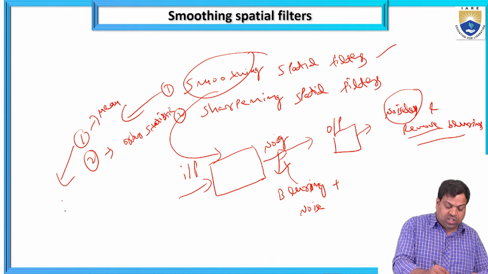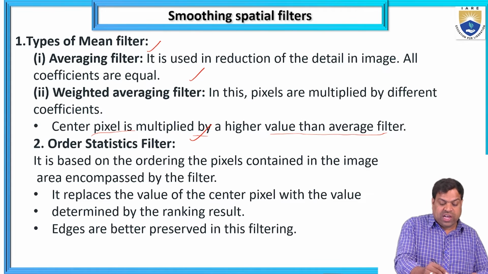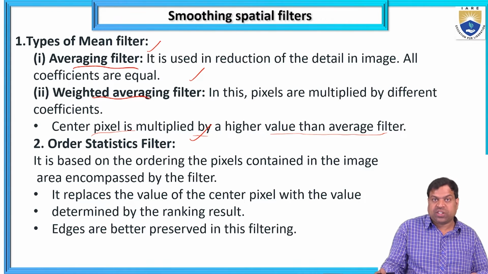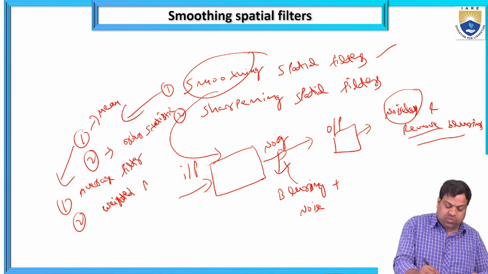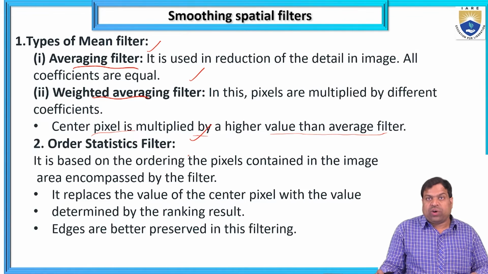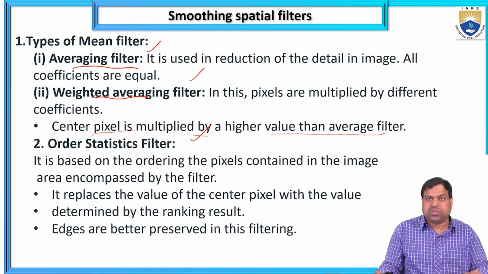In the mean filter, another two types are there: the average filter and the weighted average filter. These belong to the mean filter, and the mean filter is one type of spatial filter.